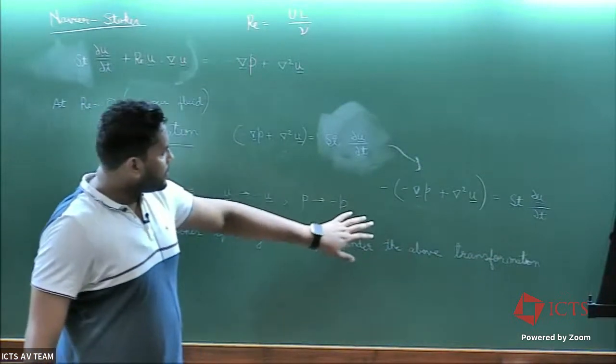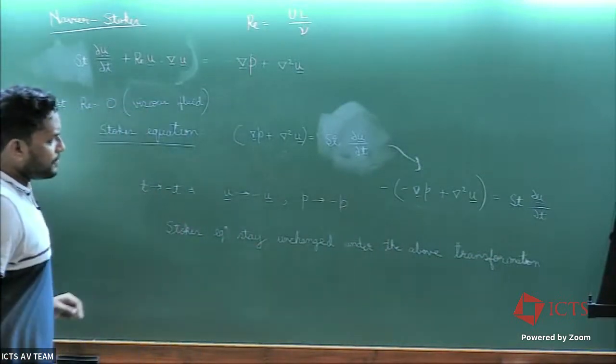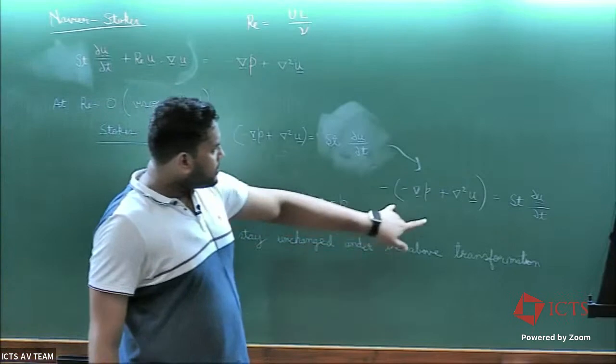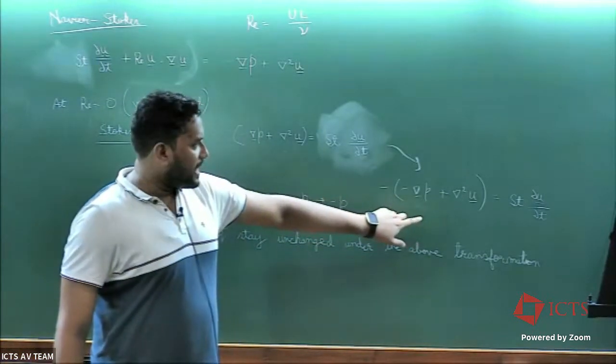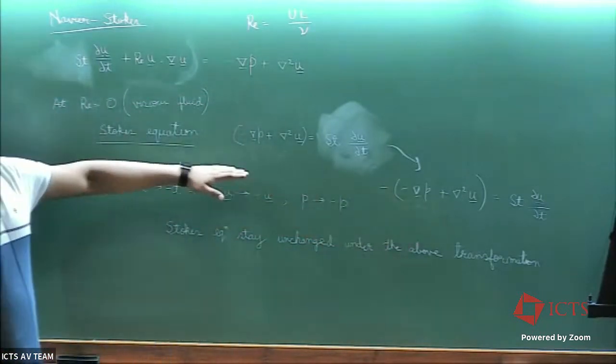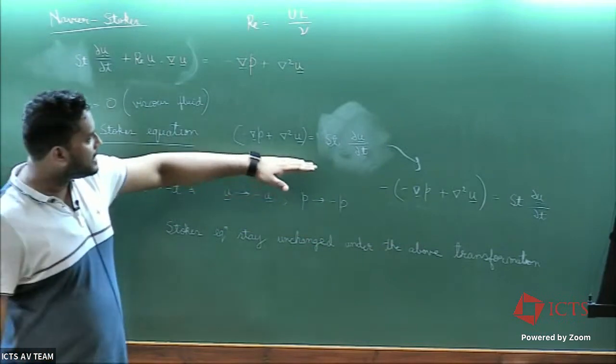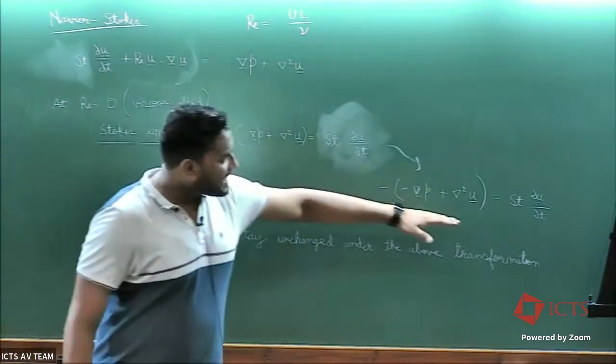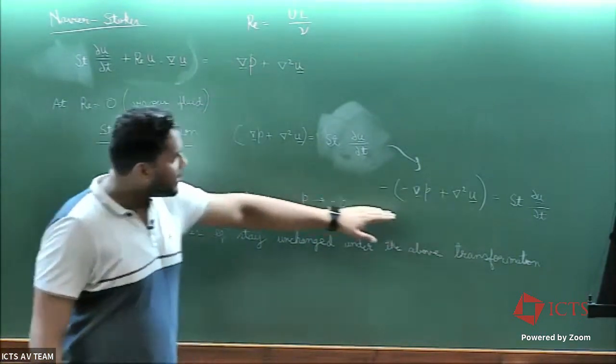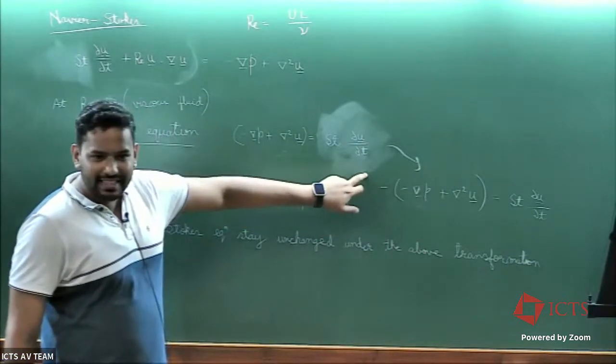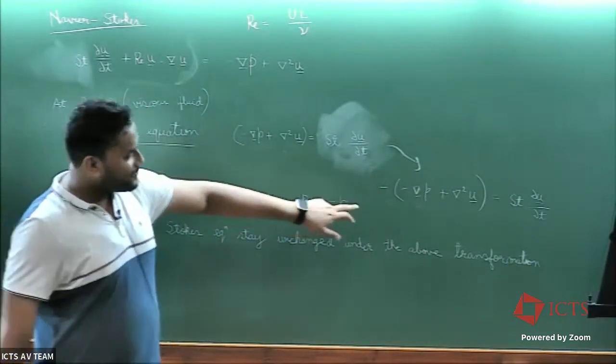So what this tells you is that right now these equations are irreversible, as you can see. For these equations to be reversible, they should have been exactly equal to the original equations. But you can see we have this annoying minus sign here.